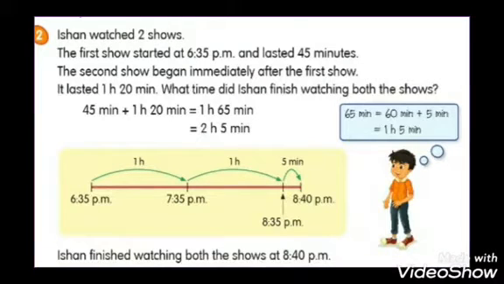We started from 6:35 p.m. After 1 hour the time will be 7:35 p.m. Again after 1 hour the time will be 8:35 p.m. and 5 minutes extra, so 8:40 p.m. So the end time is 8:40 p.m. So when start time and duration is given, we add the time.